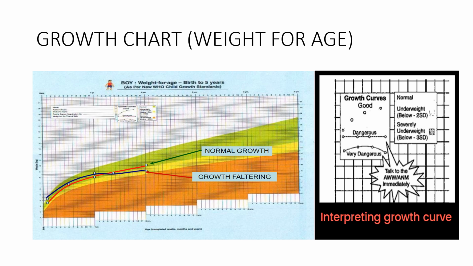If it's an upward curve, always remember it's good. If it's a plateauing curve, it is dangerous. If there is a dipping, it is very dangerous and it signifies growth faltering. But if there is a uniform rise, it signifies normal growth.